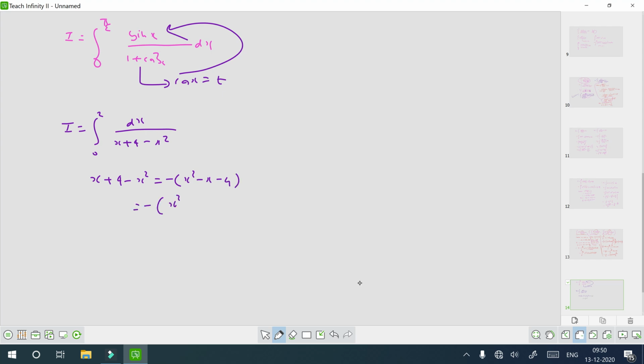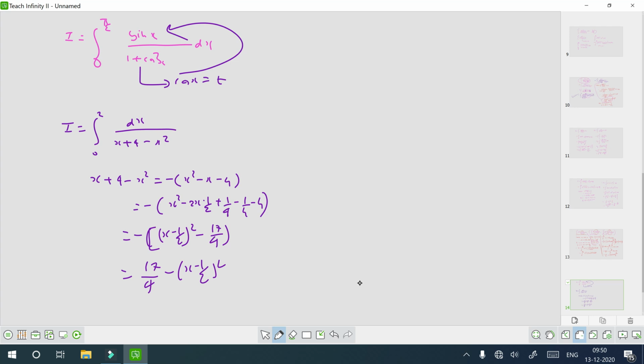Minus of x square minus 2x into 1 by 2 plus 1 by 4 minus 1 by 4 minus 4. That is equal to x minus half whole square minus 17 by 4. So that is equal to 17 by 4 minus x minus half whole square.